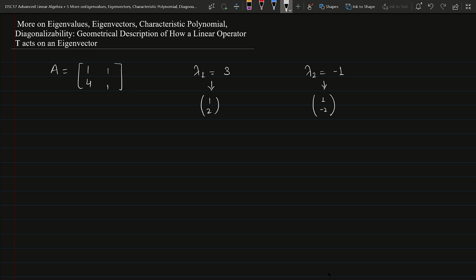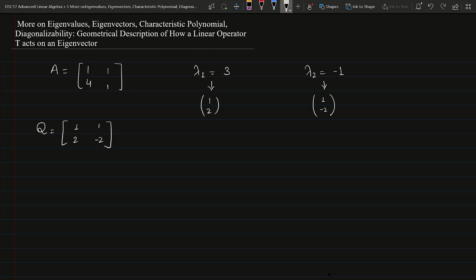Now, if we construct a matrix Q having the eigenvectors of A corresponding to its eigenvalues, suppose we have taken eigenvectors like (1, 2) and (1, -2). What have we constructed? We have a matrix, we found its eigenvalues and corresponding eigenvectors.